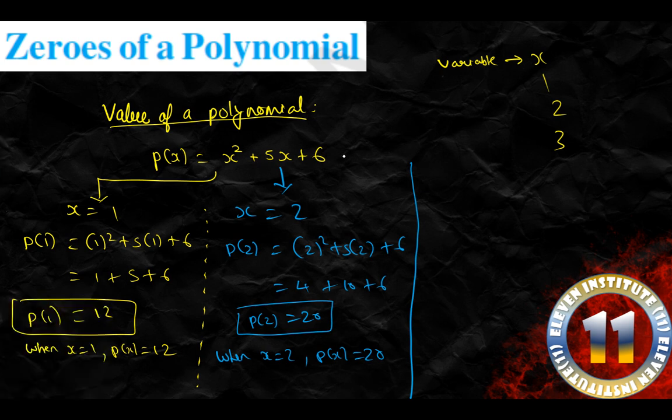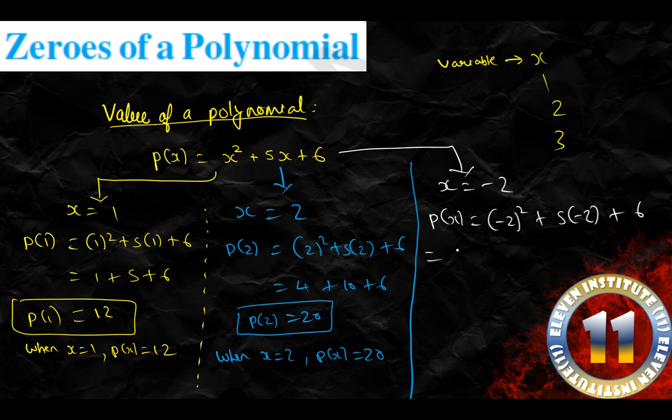And now we will take one more example. Let x be equal to minus 2. Again we are having the same polynomial. Instead of x we will write minus 2 everywhere. So minus 2 square is 4. 5 into minus 2 gives us minus 10, and here we are having plus 6. So 4 minus 10 plus 6.